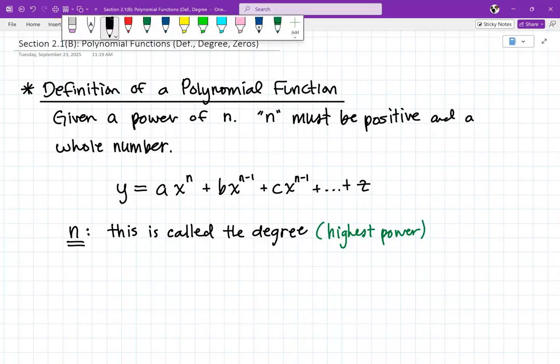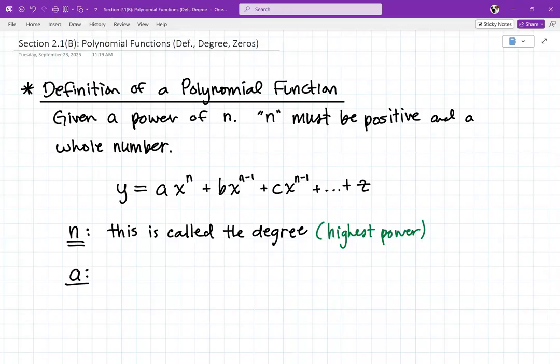And then a is called the leading coefficient, which is always in front of the highest power.